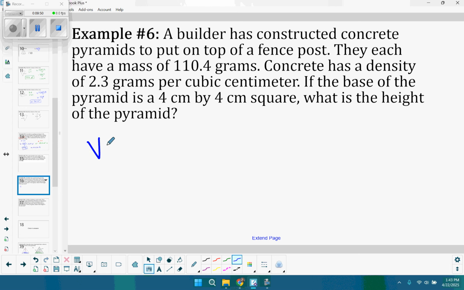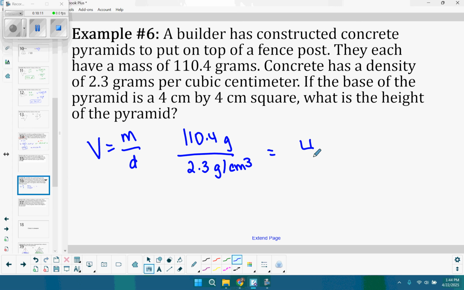And volume is equal to mass over density. So we will start by finding our volume. So mass was 110.4. Density was 2.3 grams per cubic centimeter. So if I divide 110.4 by 2.3, I get 48 cubic centimeters. So now I know my concrete pyramid has a volume of 48 cubic centimeters.